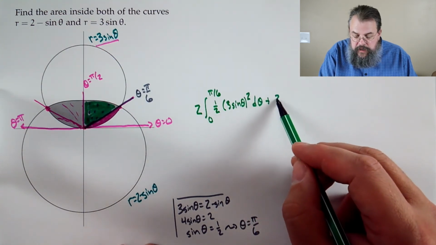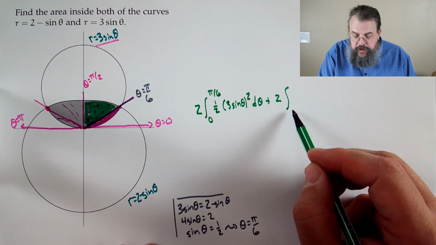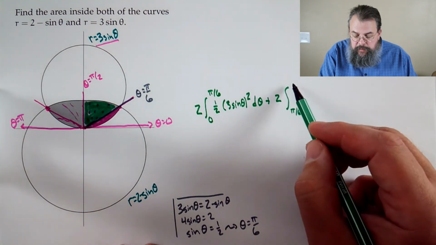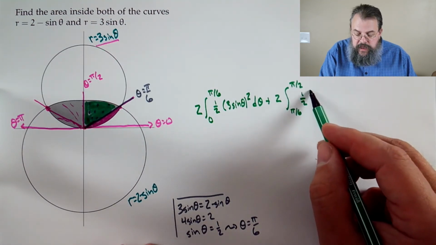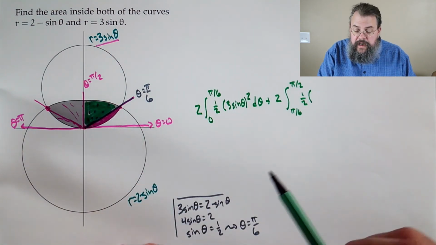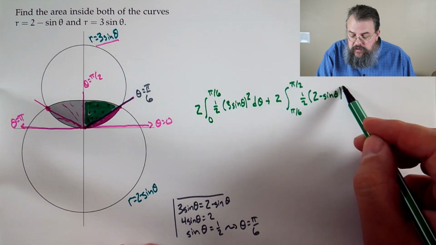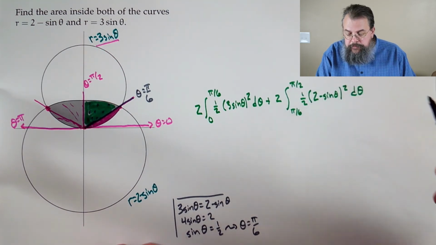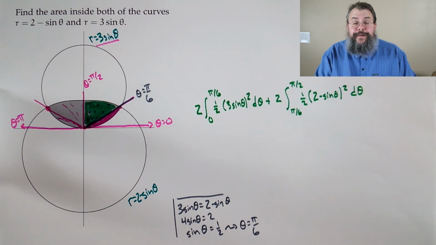Plus, we're going to double, and then we're going to do the integral from pi over 6 to pi over 2. And there's a factor of a half. Always remember that. From there, we're going to go out to the other curve, (2 minus sine theta) squared. So that's the setup.